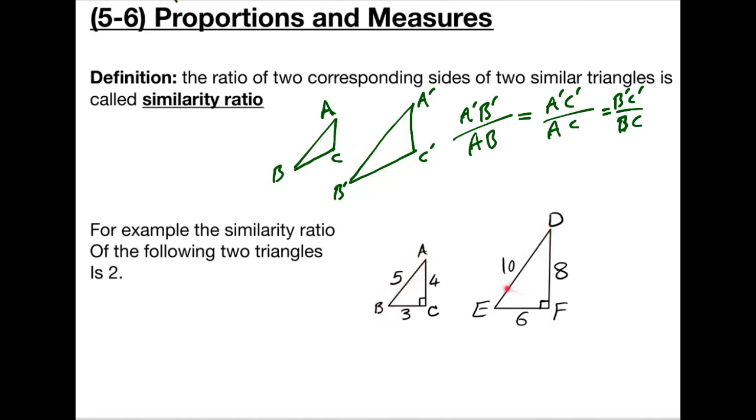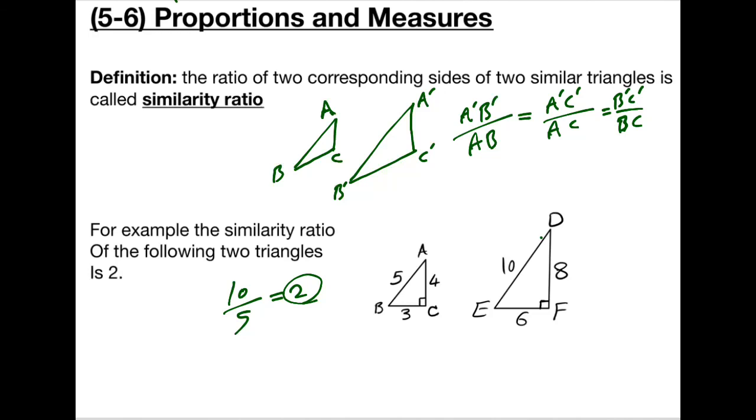If I divide these two numbers, that ratio is the similarity ratio. In this case, it is 10 divided by 5. 10 comes from DE and 5 comes from AB. 10 over 5 is equal to 2, and that is called the similarity ratio of these two triangles.